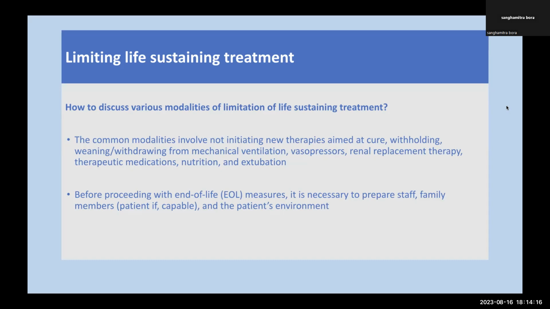So you might need to continue with family discussions and team discussions. You might have to give a lot of time to counseling the patient and the patient's family when you start weaning and introducing the end of life care measures for such a patient.